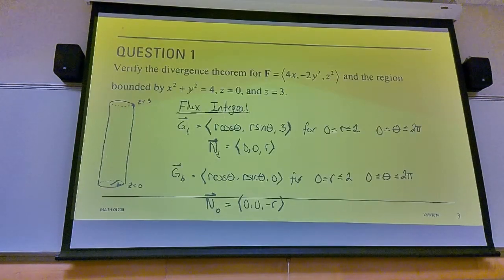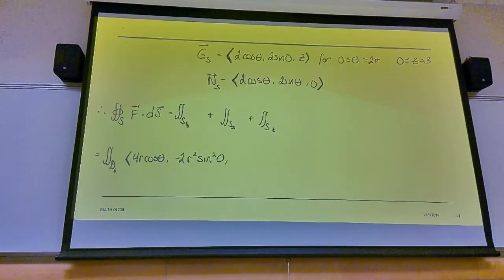And that's just 0. We're doing the bottom first, dotted with the normal vector.